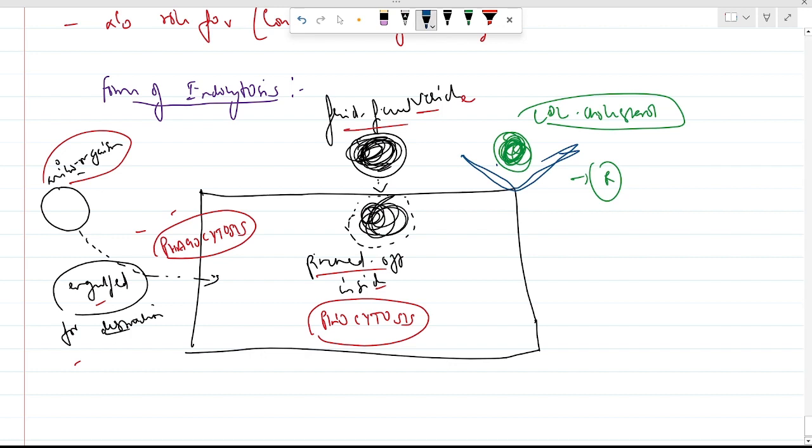What are these two molecules? Molecule 1 and molecule 2. This outside molecule is known as dynamin. So this arrangement is in the form of a triskelion.